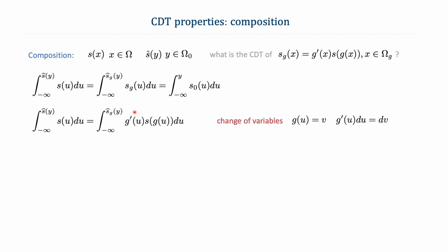And now we perform a change of variables where we call g of u some function v and g prime of u du to be dv, the standard change of variables.